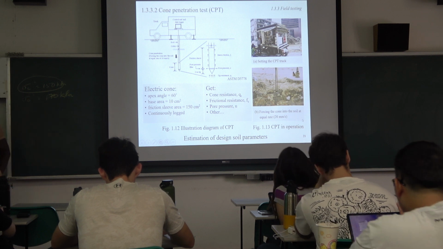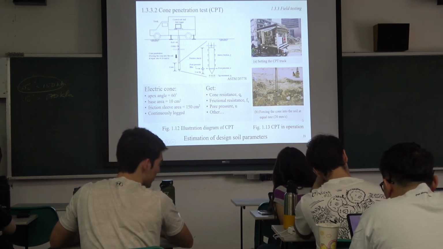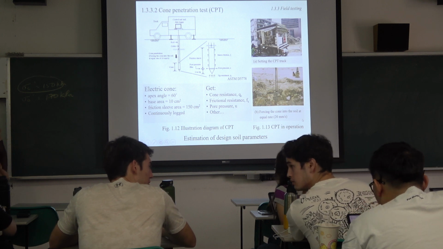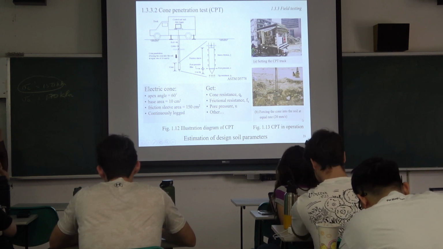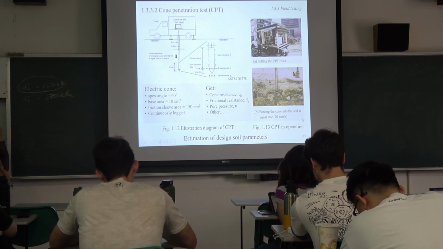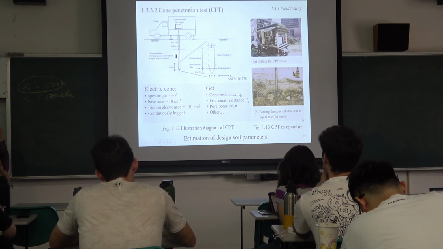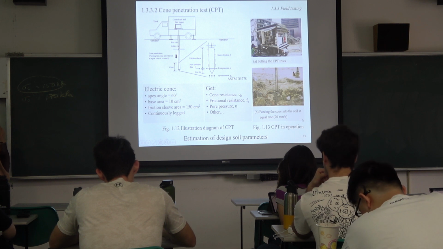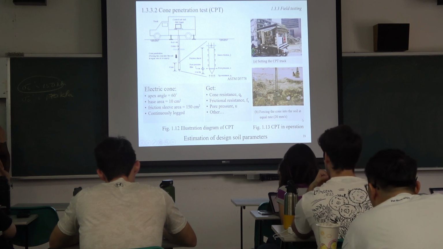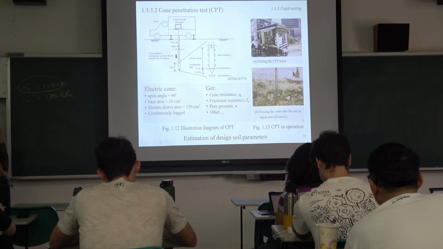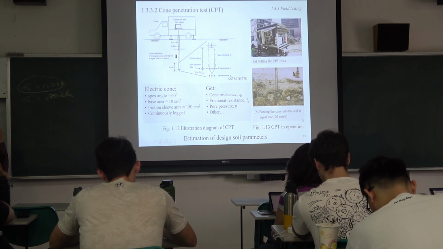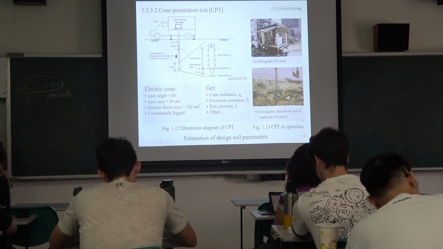So for the most part, why do we need to do this type of exploration? Chapter 1. Why do we need to do this type of exploration? It gives you the idea of the soil condition at the site. Because if you are going to build a structure on a soil, then you need to know what type of soil is present at this location, and what the soil properties are.